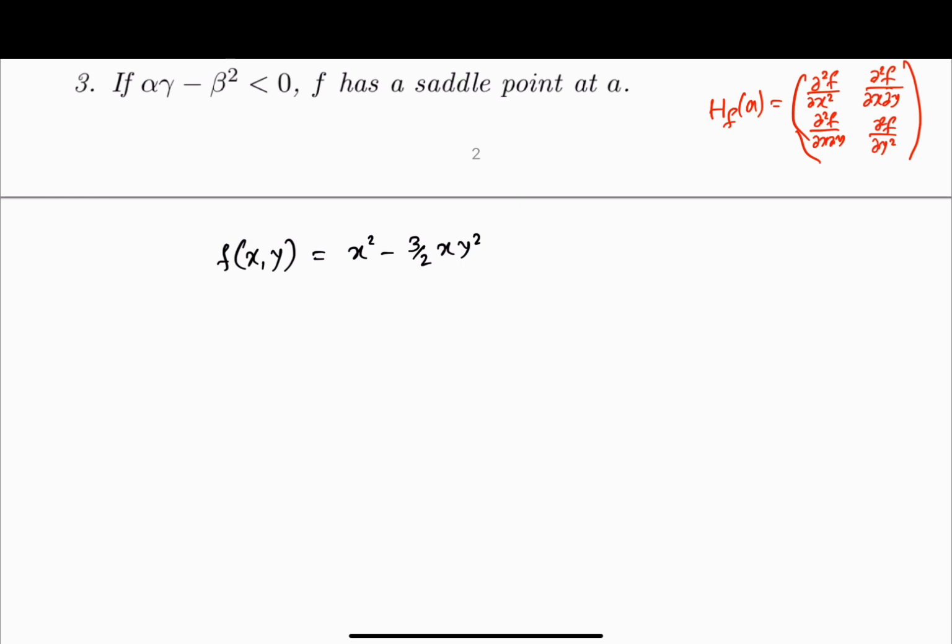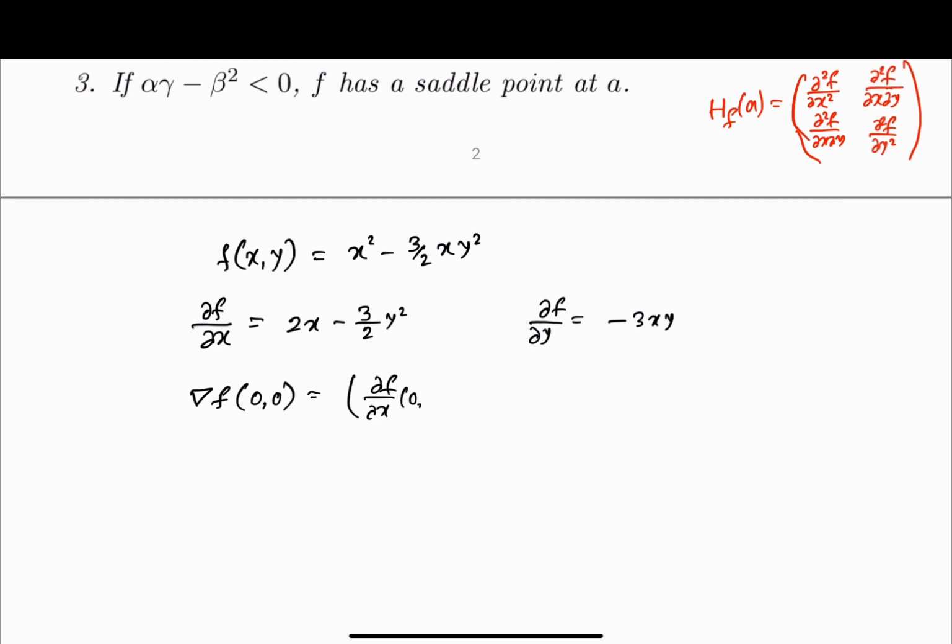So let's first find the partial derivative of f with respect to x. So what is ∂f/∂x? It will be 2x − 3y, right? And what is ∂f/∂y? It will be −3x + 2y, right? So let's find the gradient of f at the point (0, 0). It will be ∂f/∂x at (0, 0) and ∂f/∂y at (0, 0).